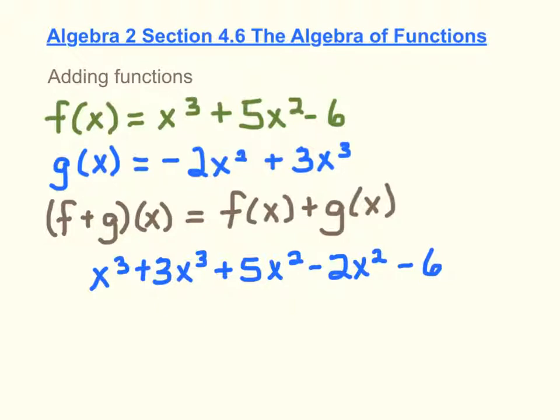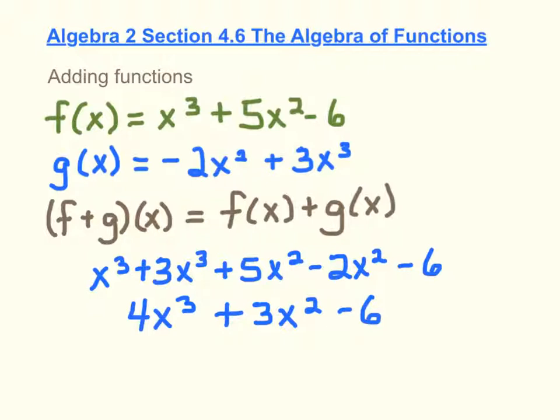So we're going to add x cubed plus 3x cubed and get 4x cubed. We're going to take the 5x squared and subtract the 2x squared and get 3x squared. And then bring down the minus 6.